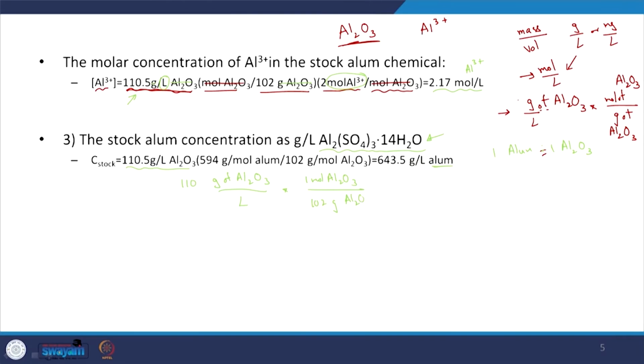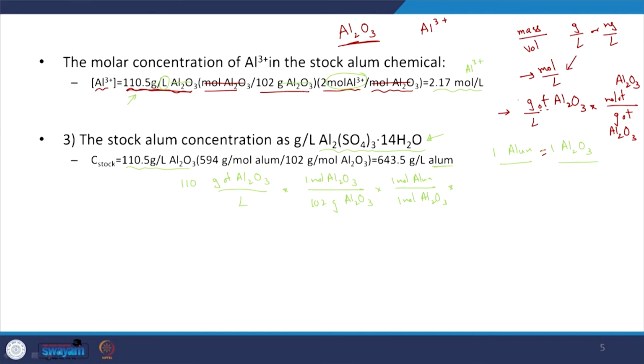So, in effect, I am dividing by the molecular weight. From here I will have the molar ratio. And here we are saying that it is 1 mole of alum for 1 mole of Al2O3. So, I will say 1 mole of alum per 1 mole of Al2O3.